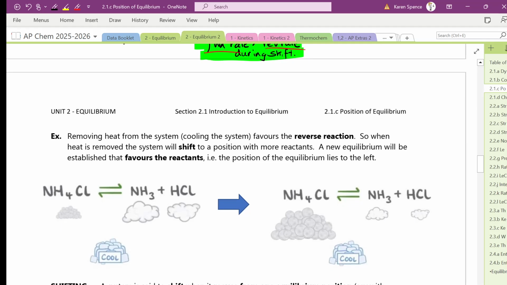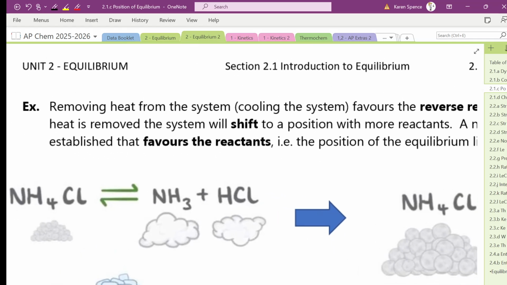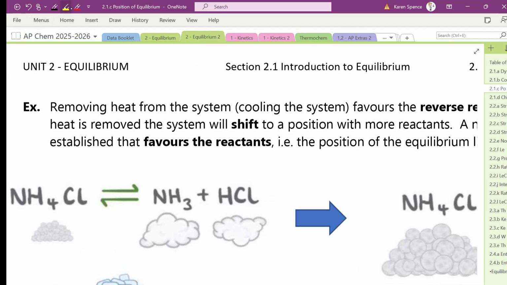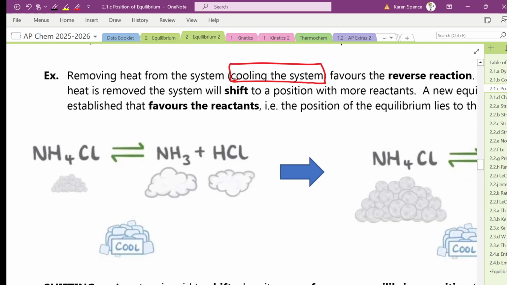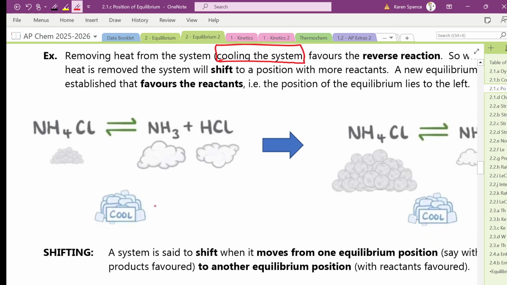Now, removing heat from the system, if we are cooling the system, in other words, if we are decreasing the temperature, if you had to predict logically, what do you think would happen to the position of the equilibrium?